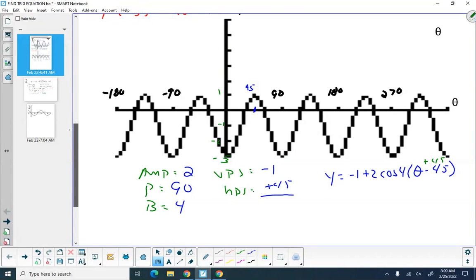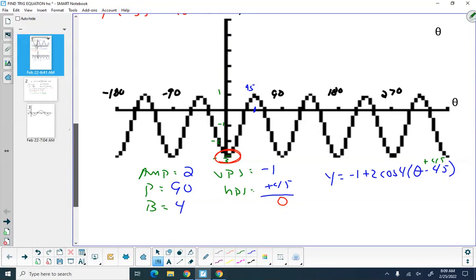Anybody use anything different? Anybody use a different horizontal phase shift? You would use 0. You have this value right here. It just goes to a valley.